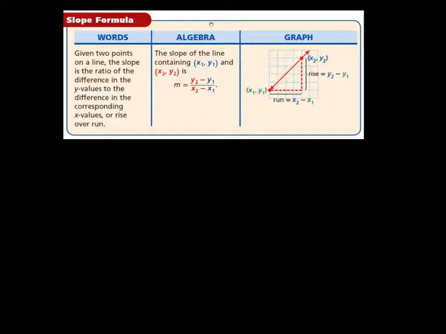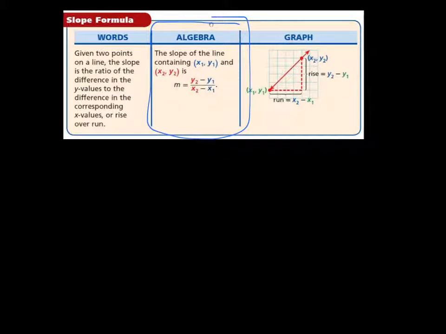Algebraically, x1, y1 and x2, y2 are any two points. The slope formula is y2 minus y1, the difference in y values, over the difference in our x values, which is x2 minus x1.